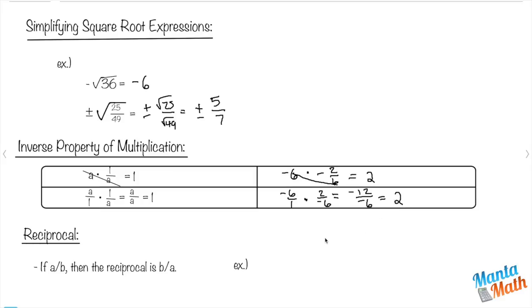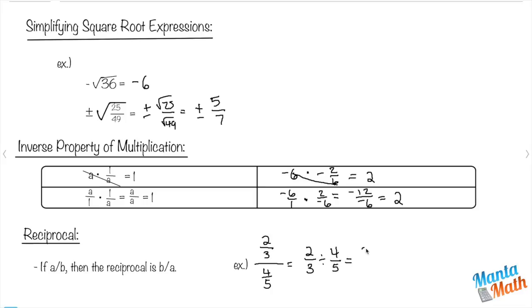Okay, so earlier I mentioned reciprocals, and that just means if you have a divided by b, then the reciprocal is b over a. An example would be, say we're given 2/3 over another fraction, 4/5. This could be written as 2/3 divided by 4/5, just another way of writing it.